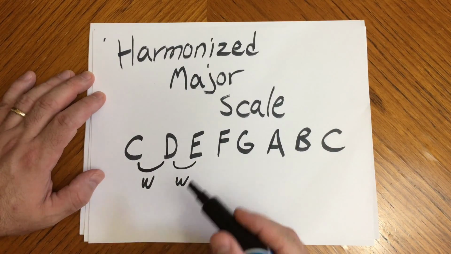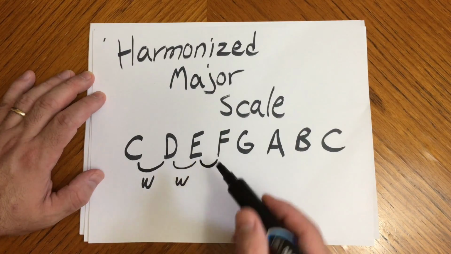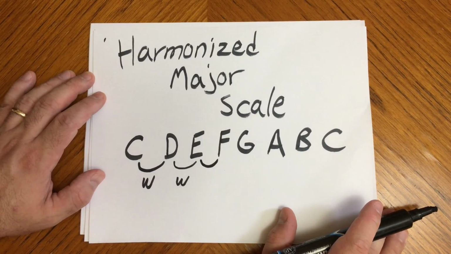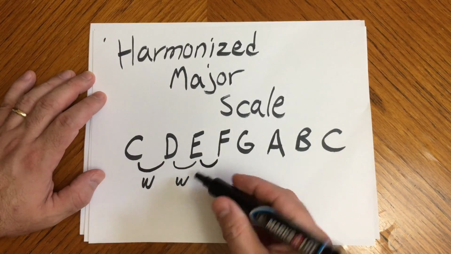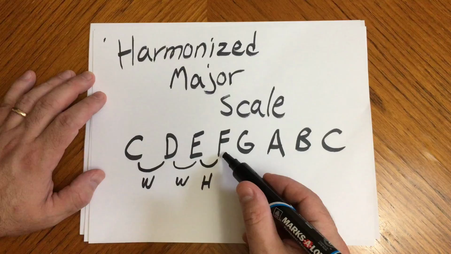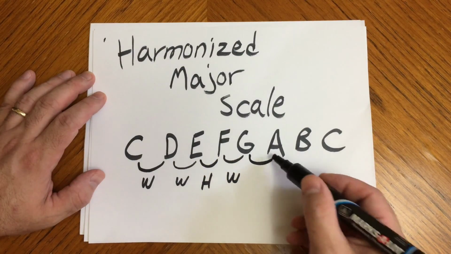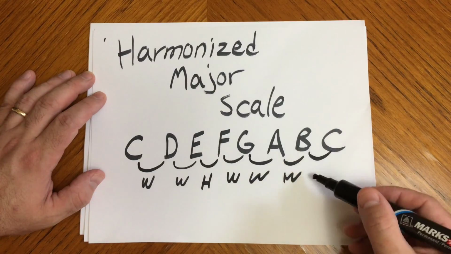And just because there's no sharp or flat in between E and F, there's no E sharp, okay? There's no F flat, okay? That is a half step. Here's a whole step. From G to A is a whole step, A to B is a whole step, and B to C is a half step.